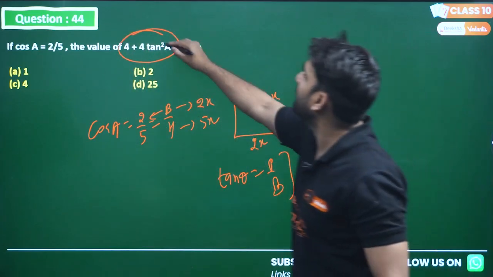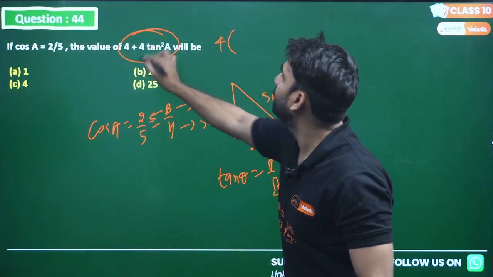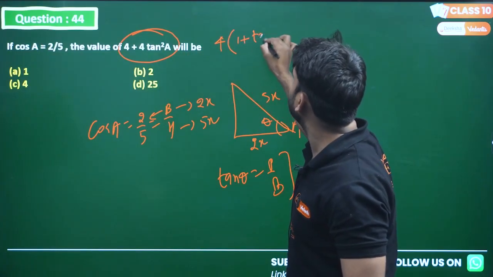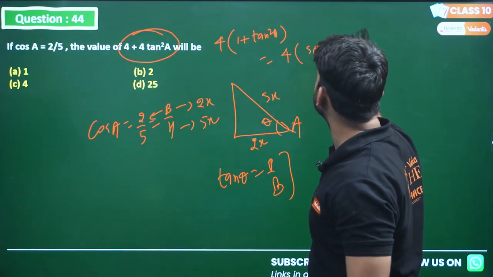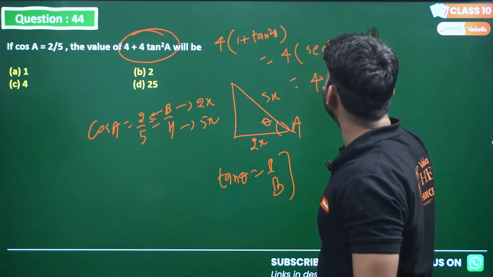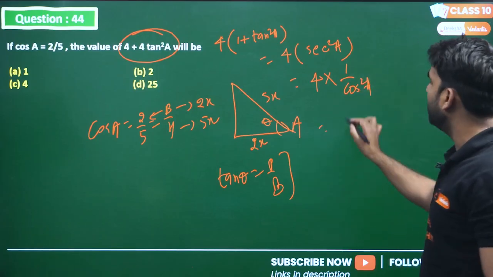Okay, and one more logic is here. If we take common from here, 4 will be common, 1 plus tan square A, my dear, and we all know 1 plus tan square is sec square A, and sec A is the reciprocal of cos. So sec square A can be written as this.